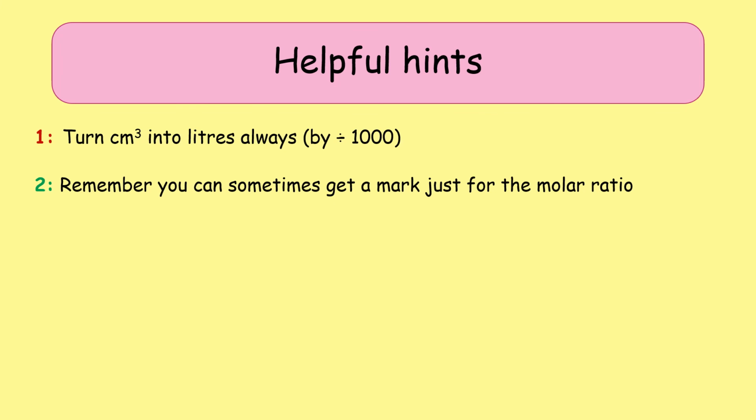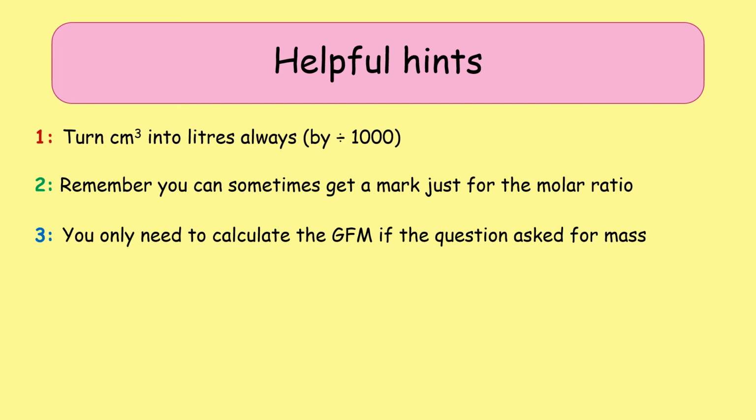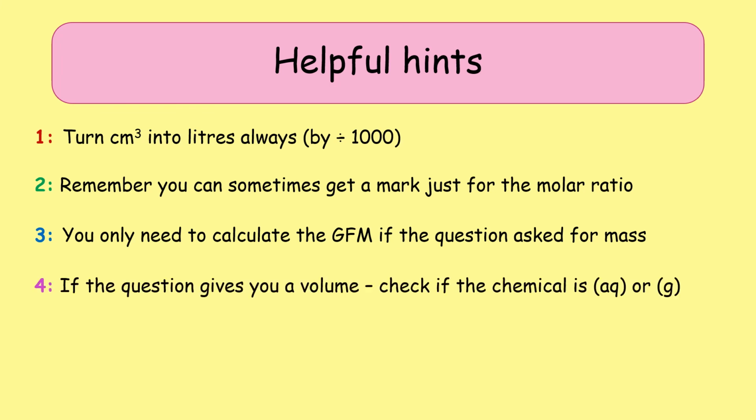Sometimes you have to use the molar ratio to get that mark. But remember, write the molar ratio down. Third, you only need to calculate the GFM if you're asked for the mass of a chemical. So do not immediately go in there and waste time calculating GFM for every chemical. Look and see, is it a mass you're after?